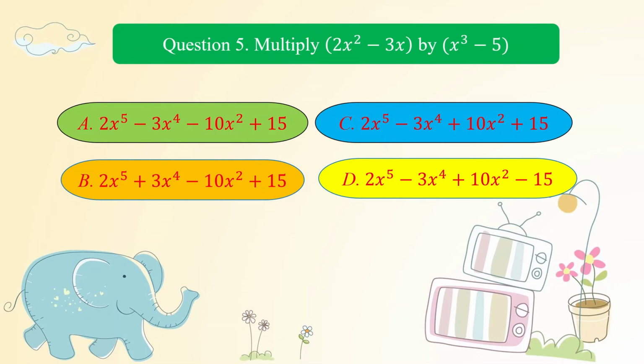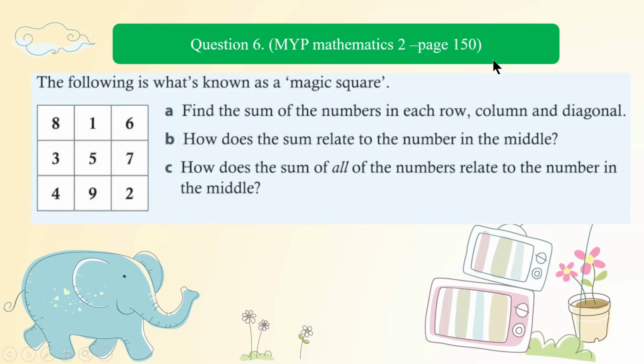Alright, so now I want you to answer question 5. Multiply a polynomial by a polynomial. It is a challenge for you. Question 6. The following is what is known as a magic square. Now find the sum of the numbers in each row, column, and diagonal.